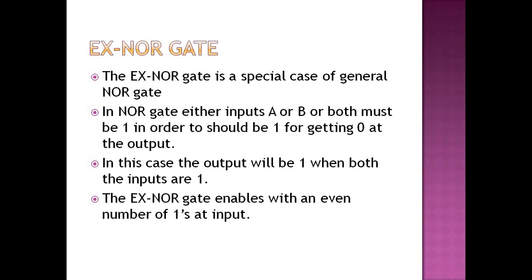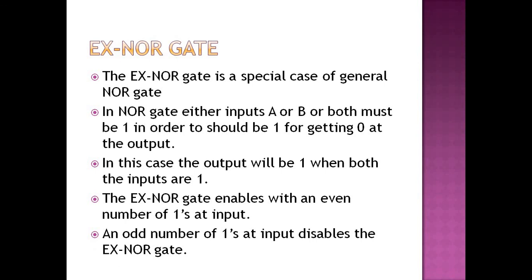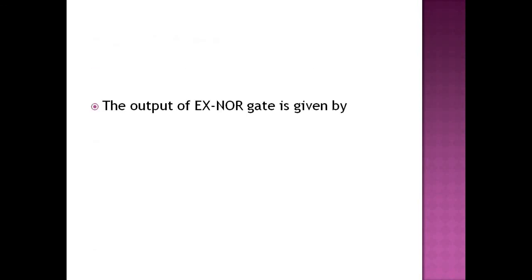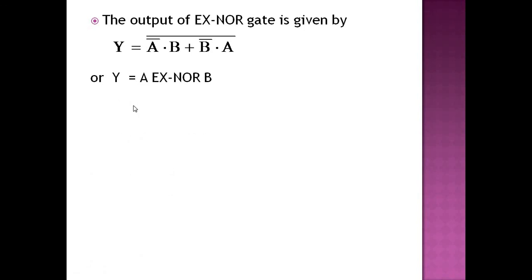The XNOR gate is enabled with an even number of ones at the input, and an odd number of ones at the input disables the XNOR gate. The output of the XNOR gate is given by y is equal to (A bar dot B plus B bar dot A) total complement, or we say y is equal to A exclusive NOR B, or we also write y is equal to (A exclusive OR B) total complement.